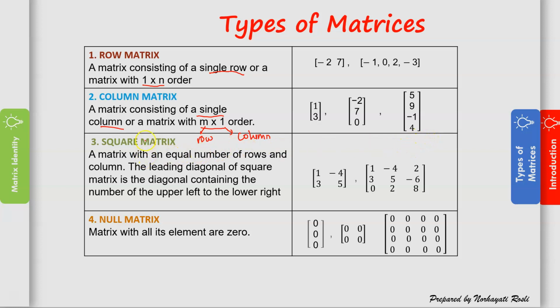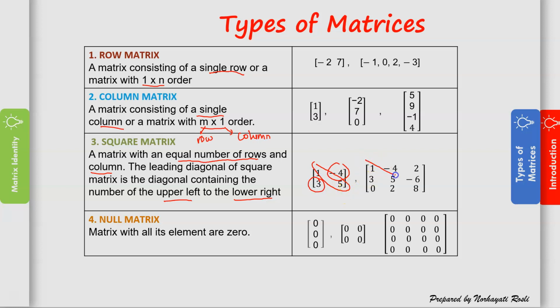Now we go to the square matrix. A square matrix is a matrix with an equal number of rows and columns. The leading diagonal of a square matrix is the diagonal containing the numbers from the upper left to the lower right. So this is the leading diagonal, and here is the upper left. This 3 is the lower right.